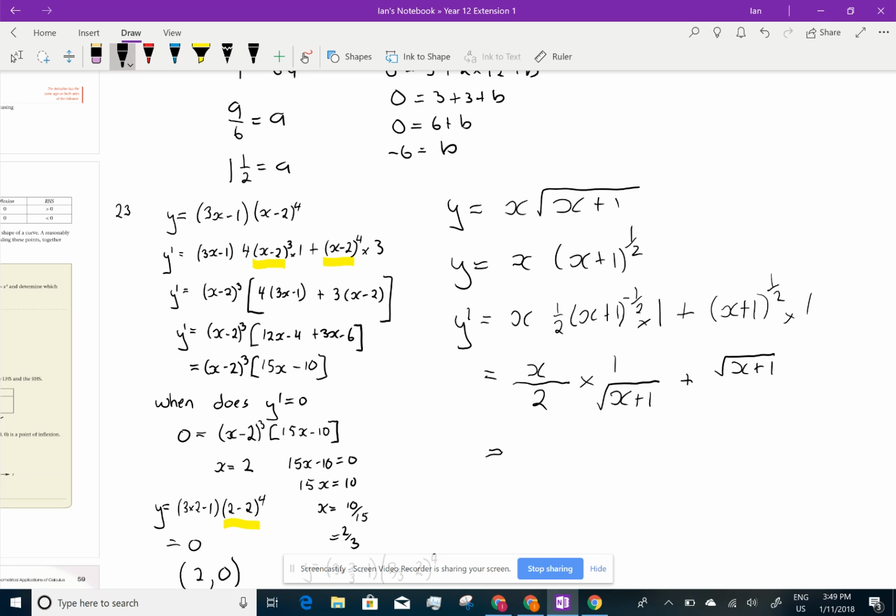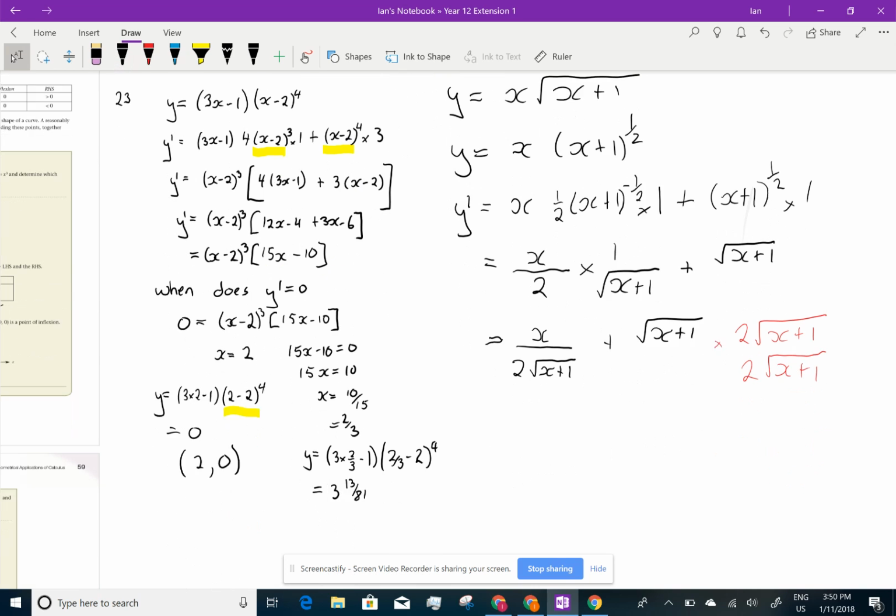Okay, I think I'm going to need a common denominator here. So x on 2 root x plus 1, and here we've got root x plus 1. I need to get a common denominator. I know what I'll do. I'll times this by 2 root x plus 1 on 2 root x plus 1, and that'll give me a common denominator over here.